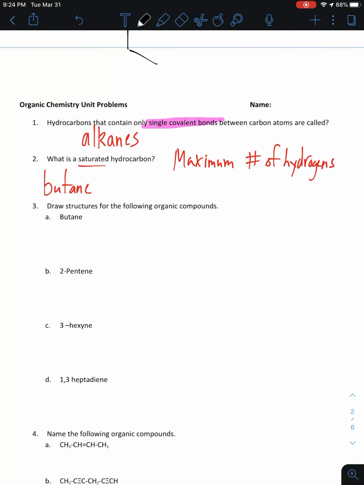We have 4 carbons, and they each have their maximum number of hydrogens. Like so. And I'll bring up an example of an unsaturated once we get to it.